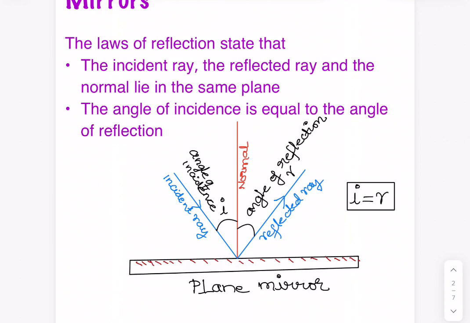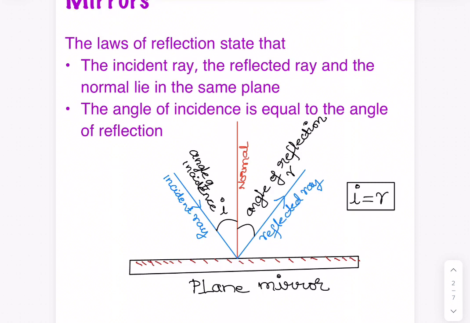They all lie along the same plane. That means the incident ray and normal in one plane and the reflected ray in another plane is ruled out. Suppose the incident ray and normal are on the plane of the screen, you can't expect the reflected ray to come out of the screen. All these 3 rays must be on the screen.